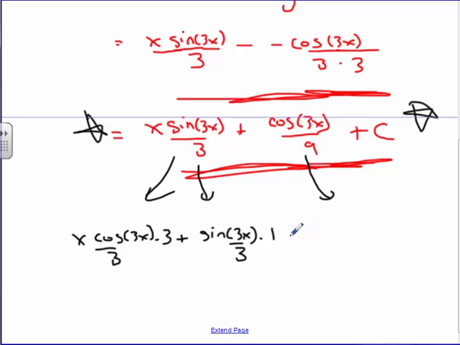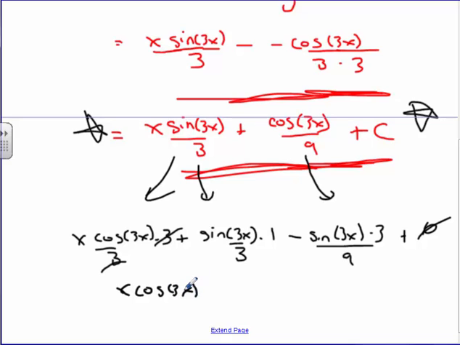So cosine derives to negative sine, chain on the 3, and then when you derive the plus c, it gives you a 0. So these 3's will cancel. That'll leave you with x cosine of 3x. And then here's how this was designed to work. Look, this guy right here is sine of 3x over 3.